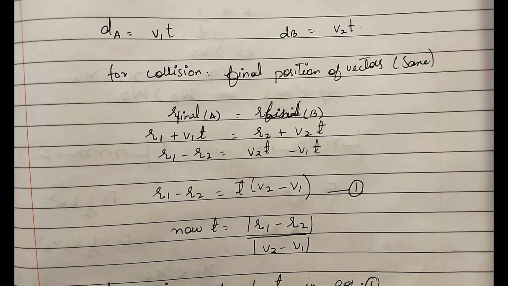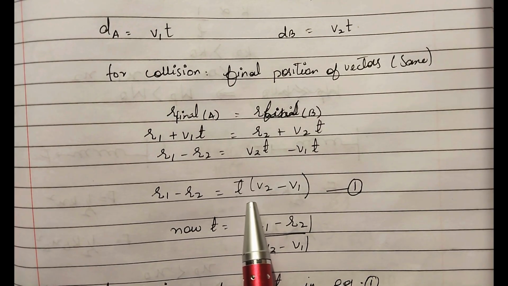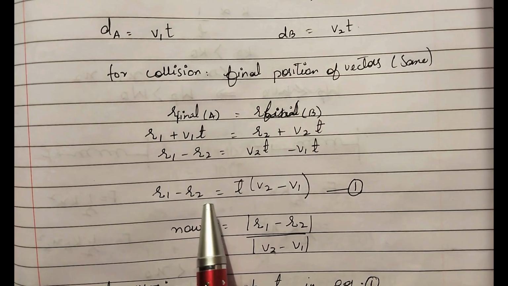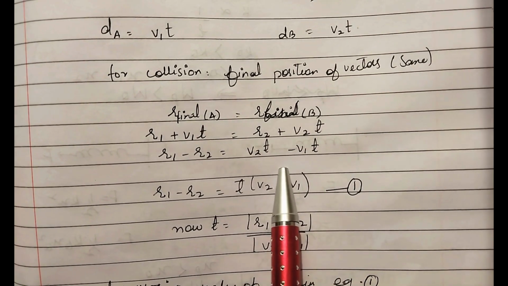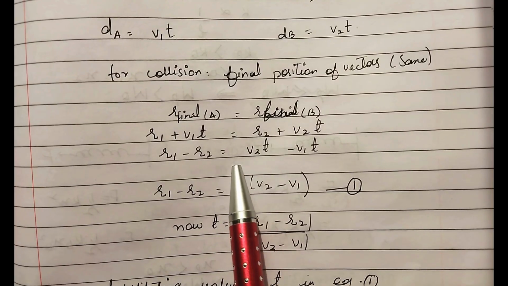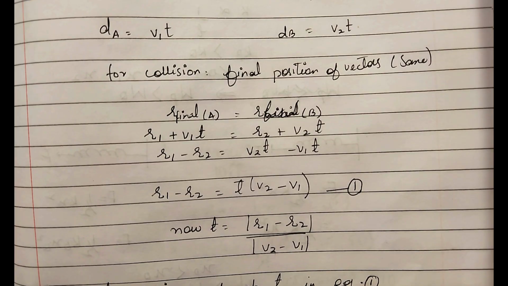Now what we do next is take out t as common, and we have r1 minus r2 equals (v2 minus v1) t. For now, let's leave this equation as equation 1 and let's focus on this t. The time, which is basically the time for collision, the amount of time taken for the two particles to meet, is given by t.